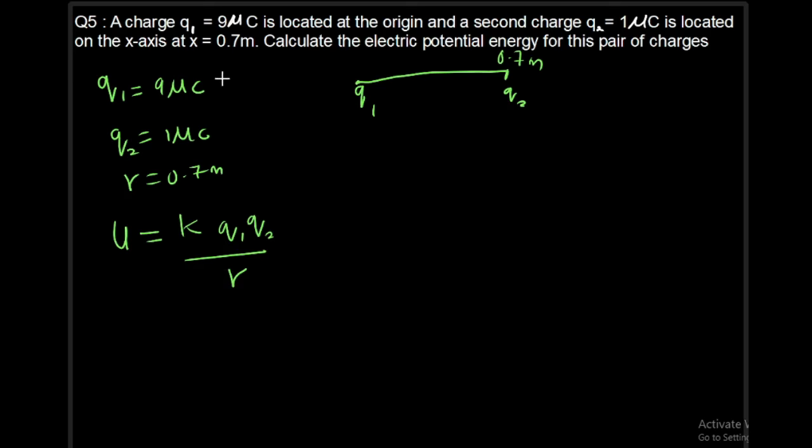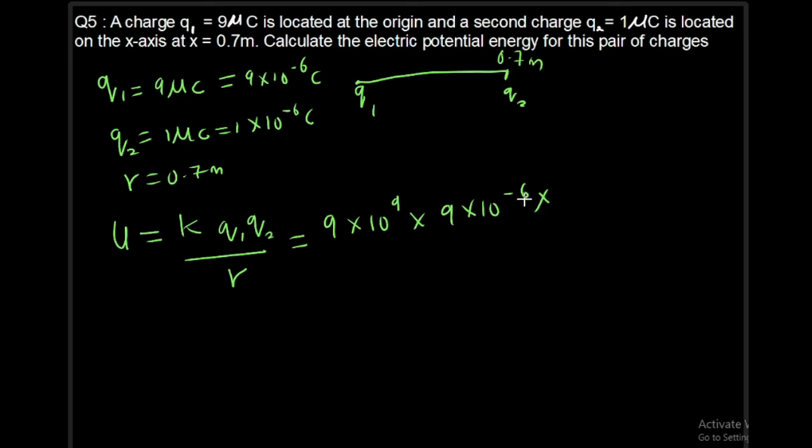Q1 is 9 times 10 raised to the power of minus 6 coulombs. Q2 is 1 times 10 raised to the power of minus 6 coulombs. So we just plug in our values. We have K to be 9 times 10 raised to the power 9 multiplied by Q1, which is 9 times 10 raised to the power minus 6, multiplied by Q2, which is 1 times 10 raised to the power of minus 6, all over the distance, which is 0.7.